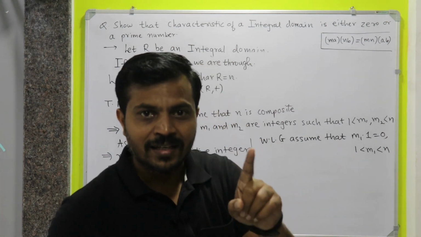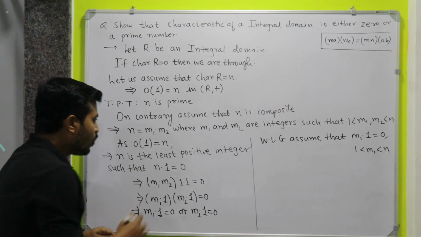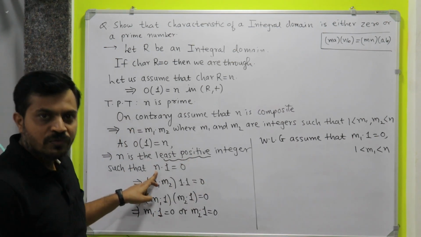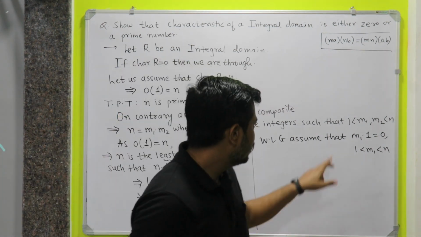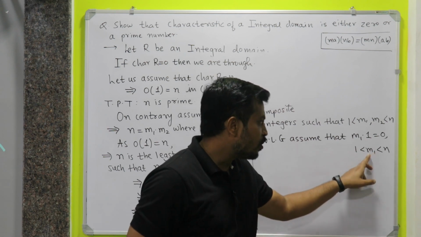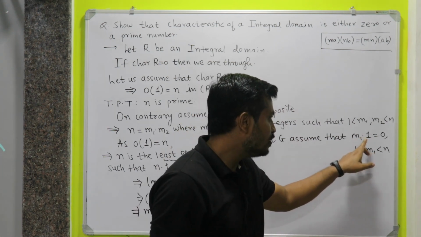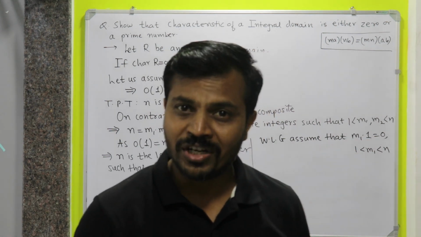Because on one side we are saying n is the least positive integer such that n into 1 is equal to 0, and on other side what we are having? We are having one more positive integer which is strictly less than n, and m1 into 1 is actually equal to 0. This is a contradiction, right?